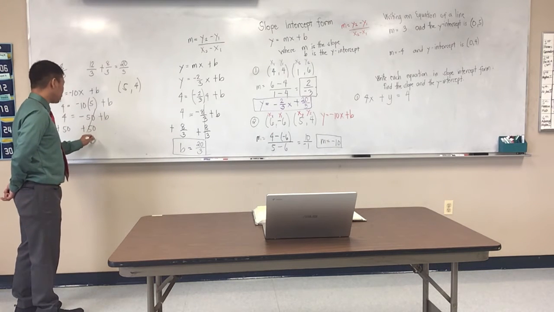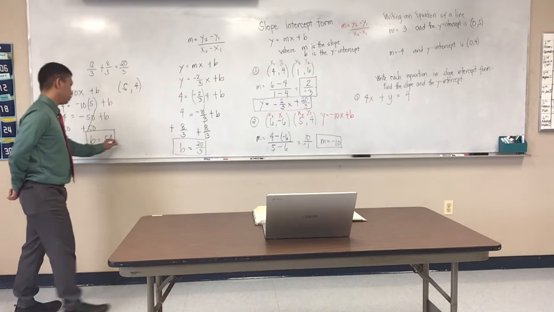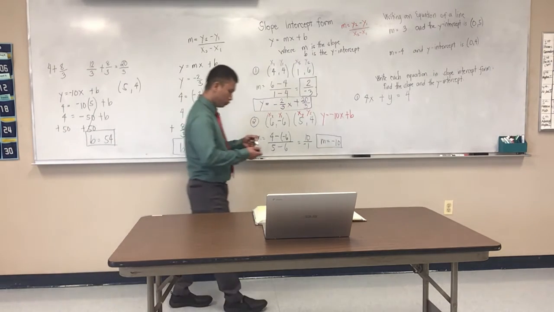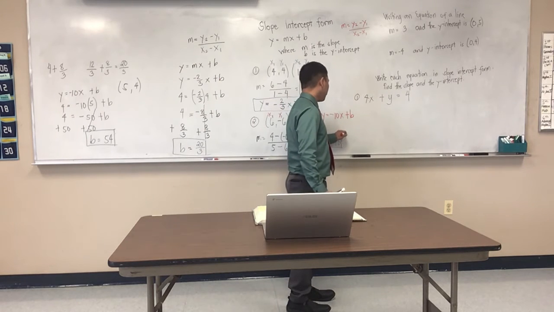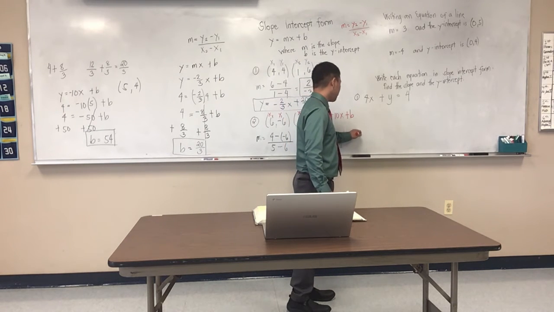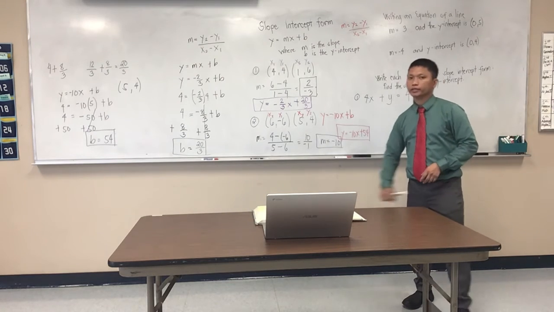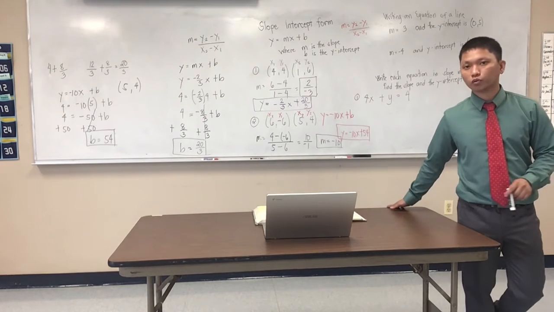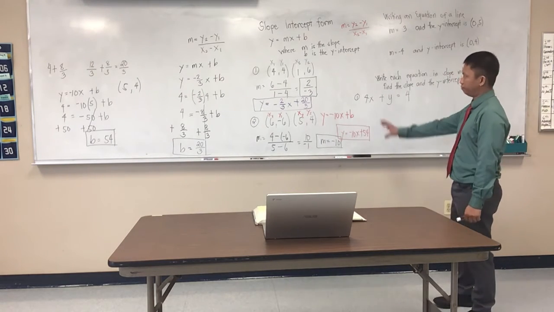So therefore b equals 54, 50 plus 4. So our equation here would be y equals negative 10x plus 54. That's how we are going to solve for the slope and identify the equation of the line.